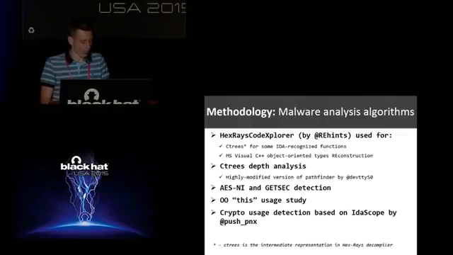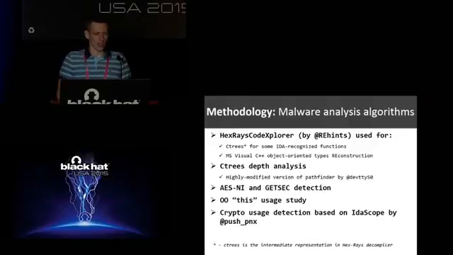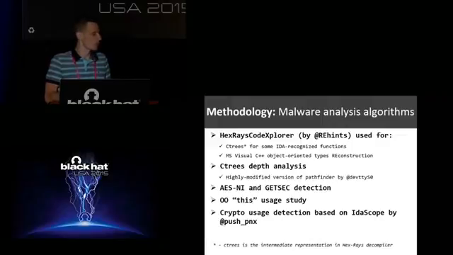Another topic which we're covering here is the this pointer in object-oriented languages, because there are some compilers, and even within one compiler, due to different optimization tricks, the this pointer may be used via different registers, ESI, ECX, EDI, and it would be interesting to know how the this pointer is used. And actually, this helped us to filter out Microsoft Visual C++ samples out of the whole collection we were working with.